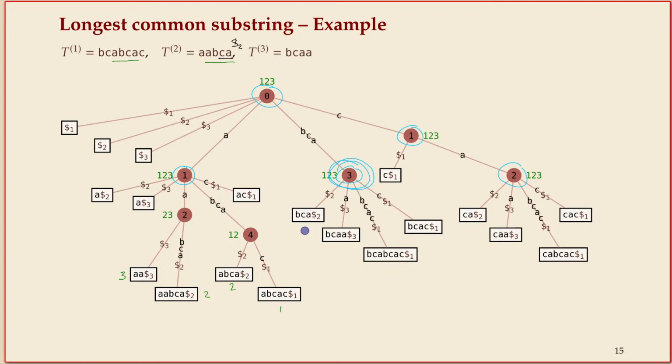We can get the string depth of a node, so the number of characters on the path to that node. We can get that for free with the linear time extra preprocessing. And we can do things like this: find the set of all indices of texts that are below a certain node. We can also do that in linear time preprocessing.